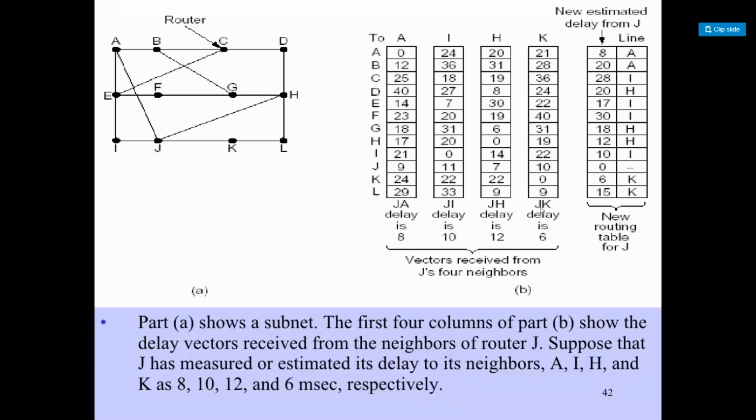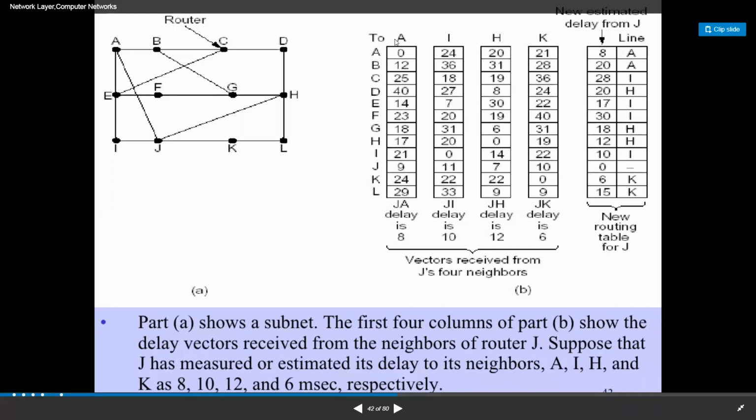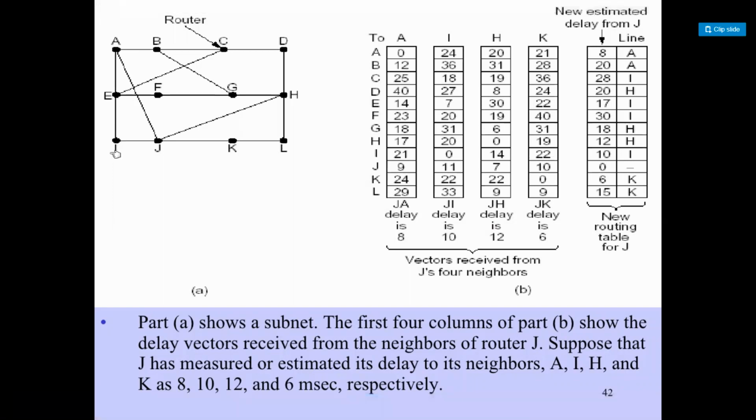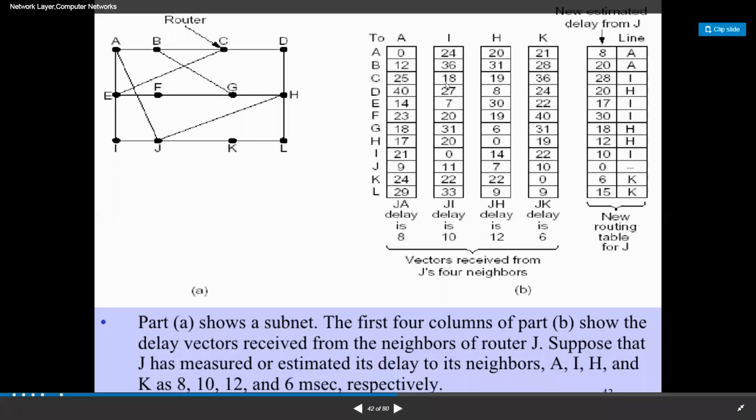Now, what we need to do here is, this is the routing table for A. This is the routing table for I. J is connected to I, K, H, and A. The routing tables for A, I, K and H are given here.